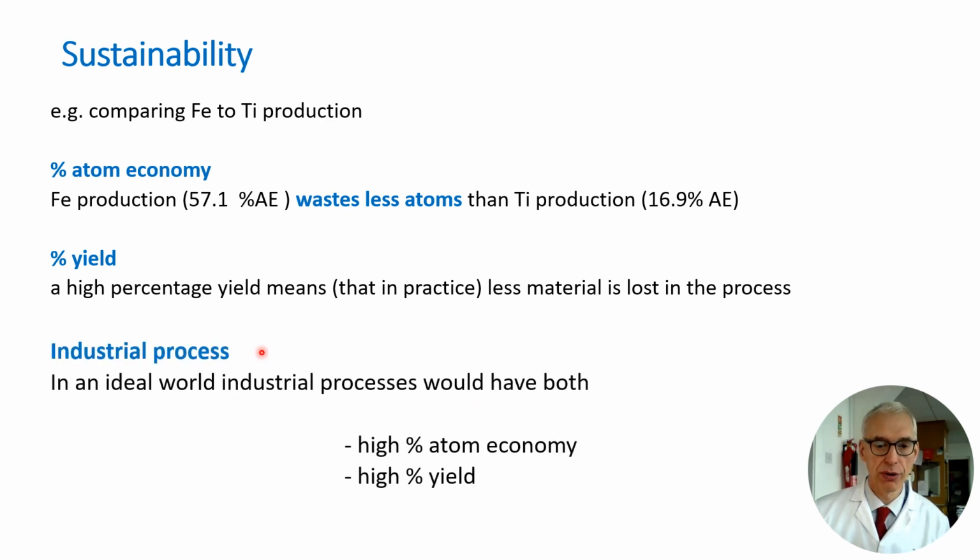So industrial processes, in an ideal world to which we as chemists are trying to work towards, would have both a high percentage atom economy and a high percentage yield, for reasons of sustainability but also in terms of the economics of the process.